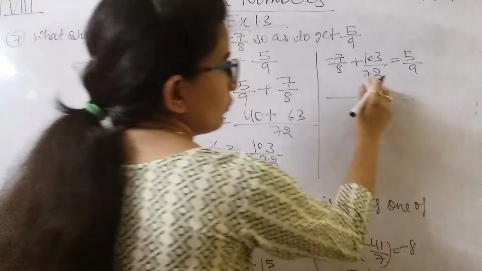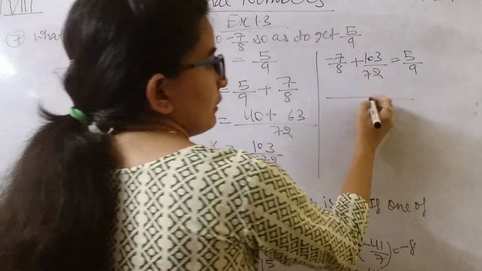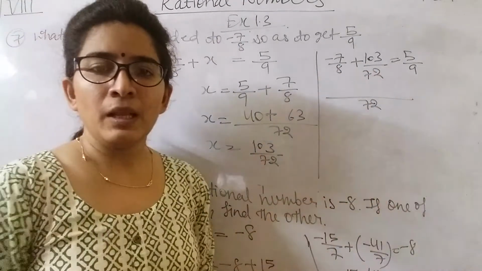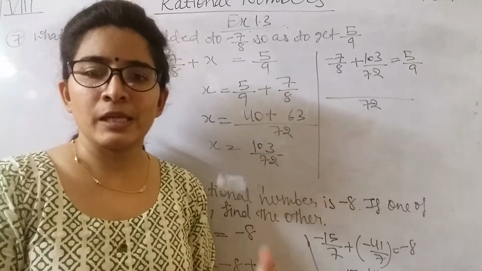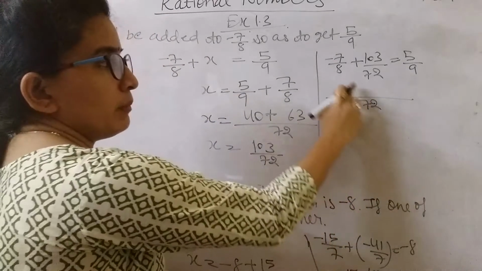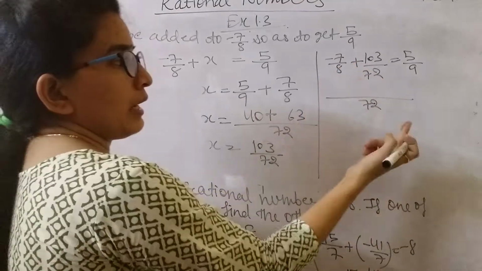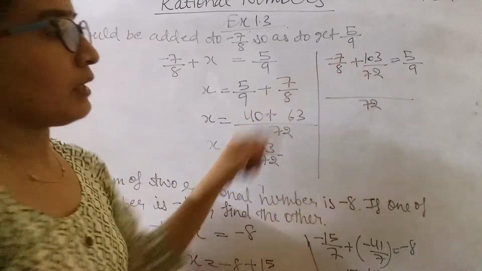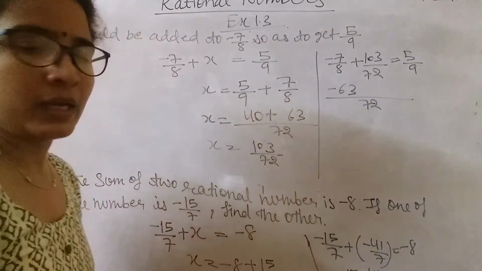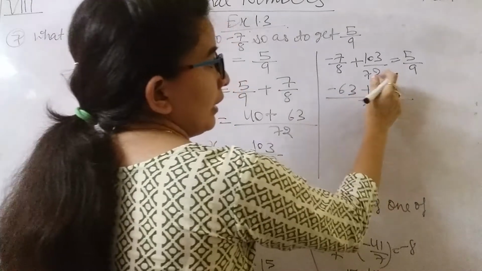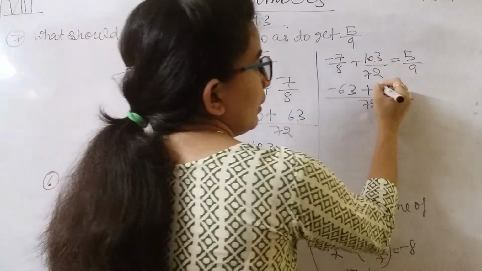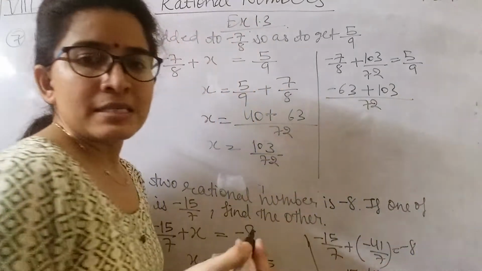Again we will take the LCM of these two numbers, that will be 72, because 72 and 8 are coming in the same table, and if two numbers are coming in the same table, the LCM is always the bigger number. Now 72 divided by 8, that will be 9, and 9 multiplied with 7, that will be 63, and we will put a sign of minus. Now here 72 divided by 72, we will get 1, and 103 will remain the same.